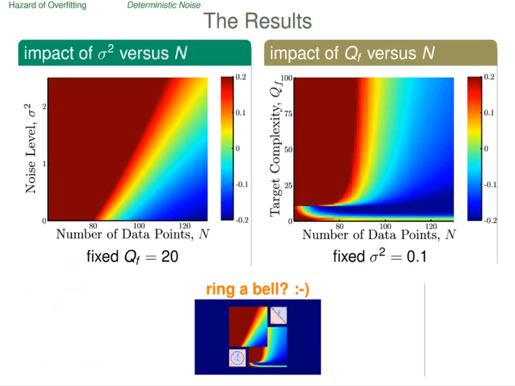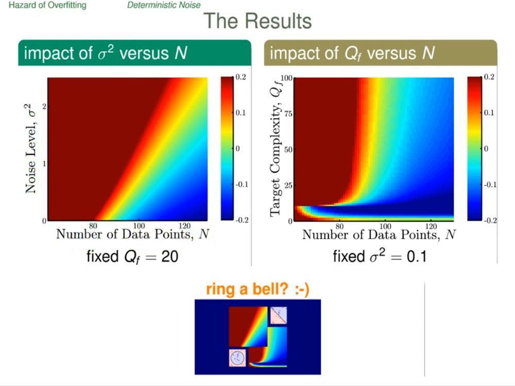If we run the experiment for tens of millions of iterations, the following plots can be generated, which show the impact of noise and target complexity on the overfit measure based on the data size.